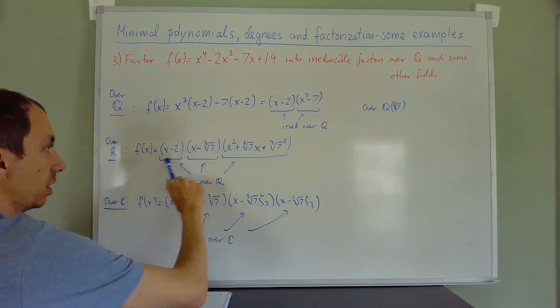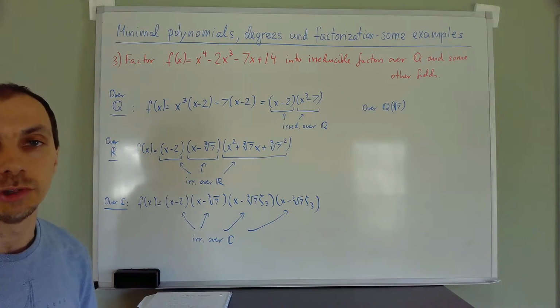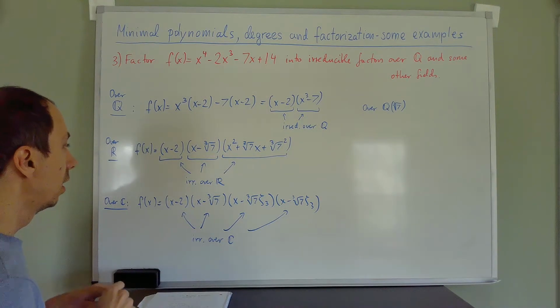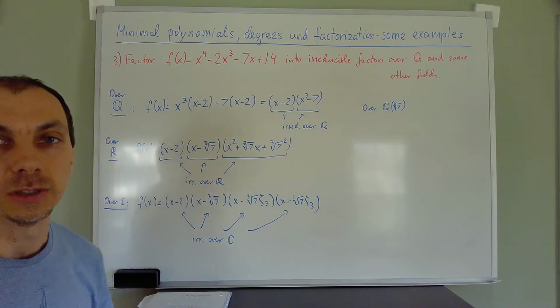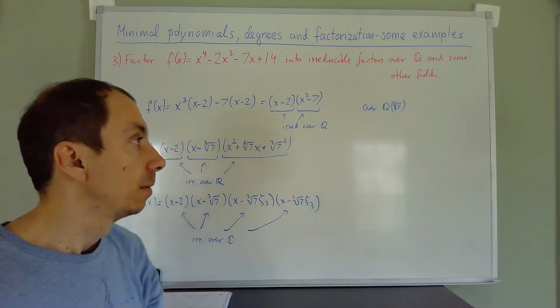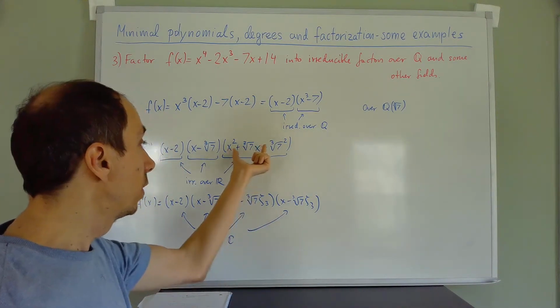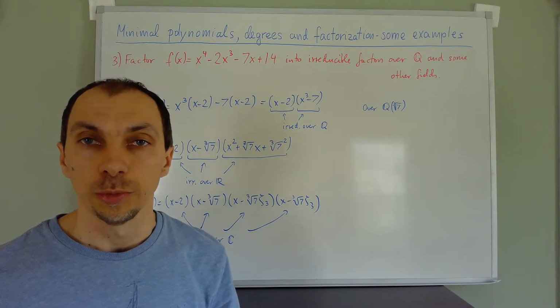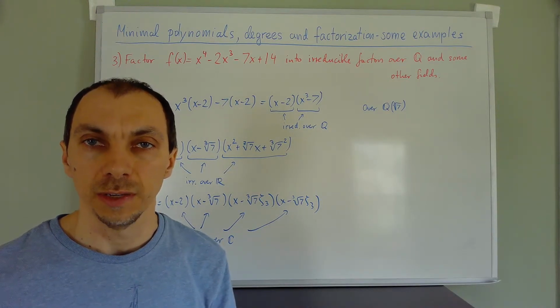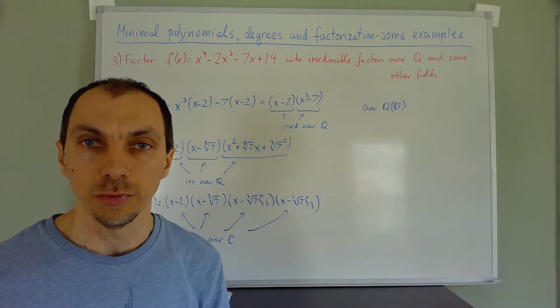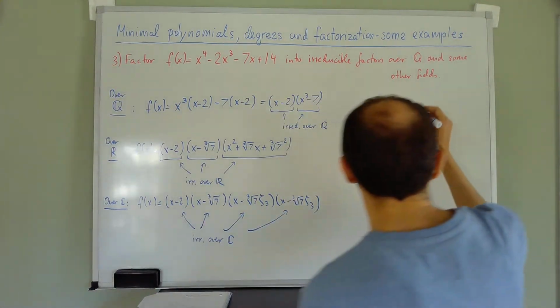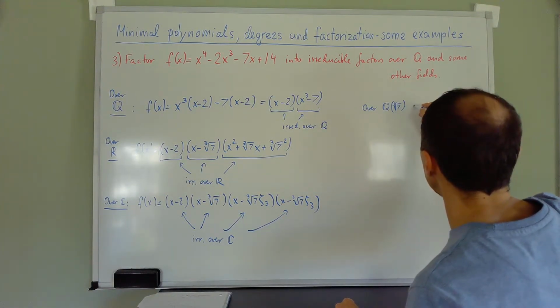So is this factorization then a factorization into irreducibles over Q adjoin cube root of 7? Well, these two are now irreducible because they are degree 1. What about the last one? I know the roots of the last factor. They are cube root of 7 zeta 3 and cube root of 7 zeta 3 squared, and none of these are real, right? And this field is contained inside the real numbers.